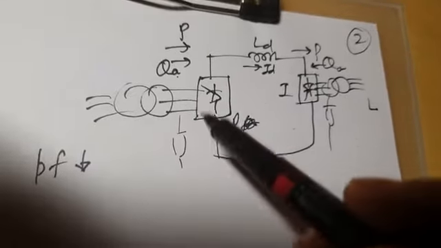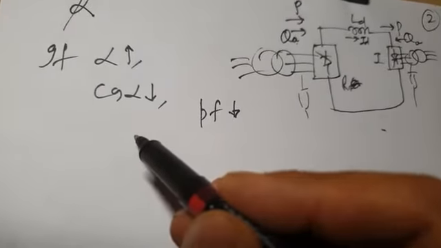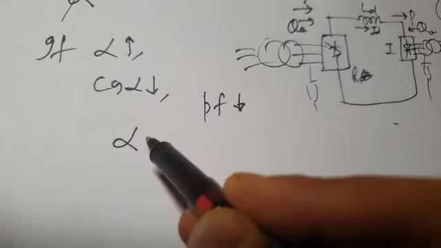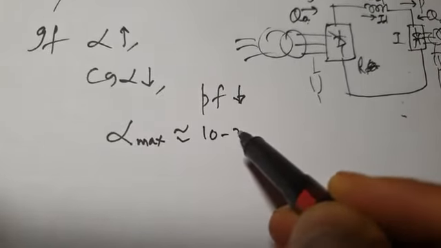But you can reduce the demand of reactive power by these converters if you operate your converters at low delay angle. So alpha max is generally limited to 10 to 25 degrees only.